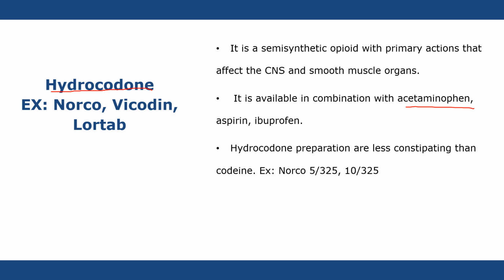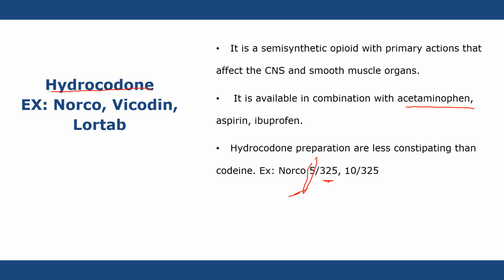So, for example, remember we talked about combining codeine with acetaminophen, and the acetaminophen number was 300 milligrams, remember? And with hydrocodone, we do the same concept. The first number here is actually the hydrocodone. So 5 milligrams is the hydrocodone, and 325 milligrams is the acetaminophen. With the codeine, it was opposite.